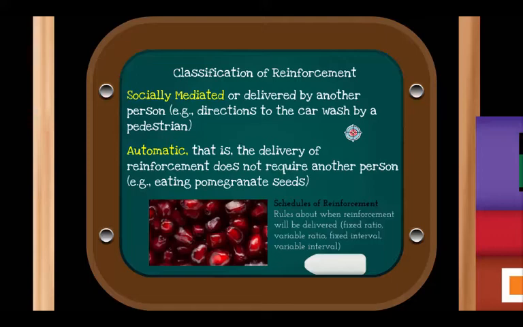It doesn't require anybody to organize that consequence for me. It's automatic in nature. I bite down into them, and I come in contact with the juice of the pomegranate and the flavor of the pomegranate, and all of that is automatic. So we have two different classifications here. When we talk about reinforcement, we can say that things are sometimes socially mediated, or at other times they are automatic in nature.